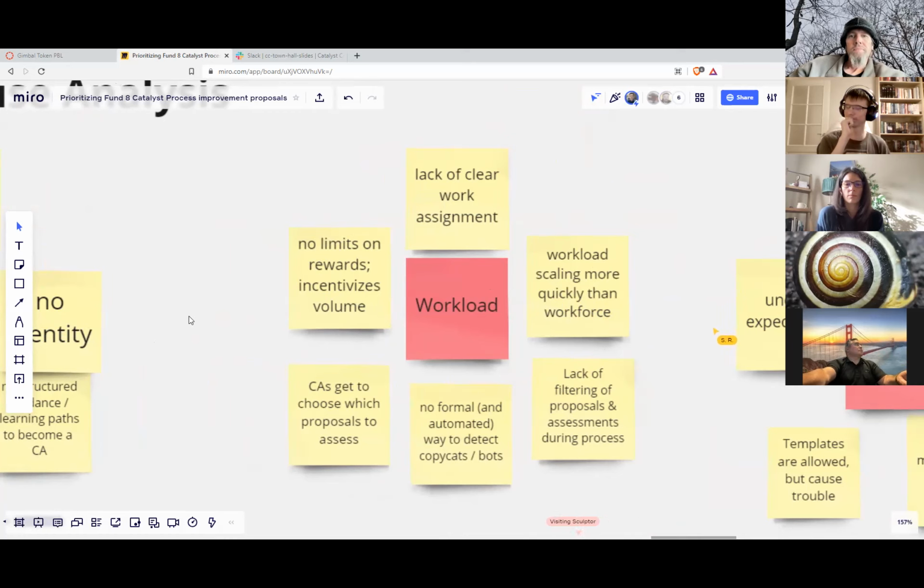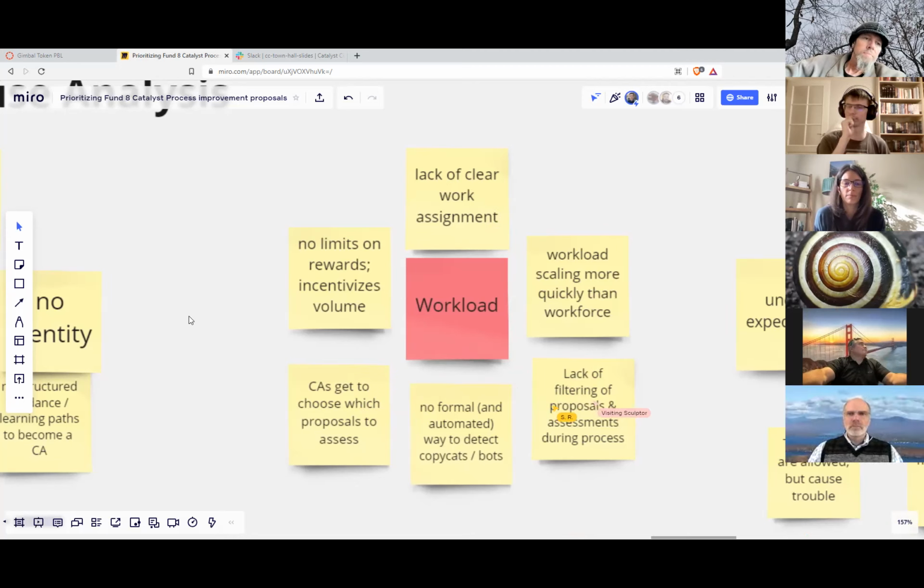Right, so there's a couple different things going on here. Part of it has to do with the assignment. So both the lack of clear work assignment, but also which ones CAs get to choose. And filtering, so it's also the interface of how CAs choose which proposal they assess.